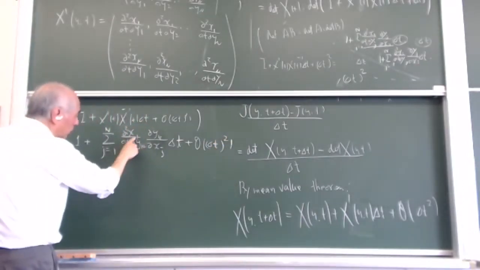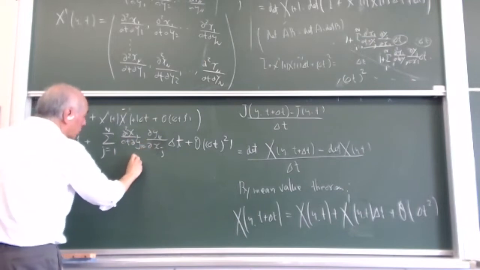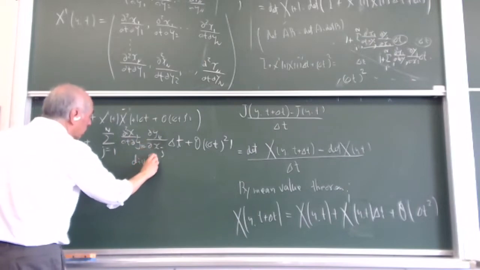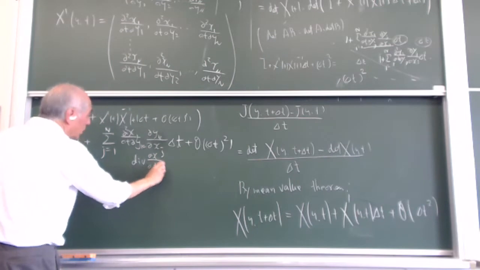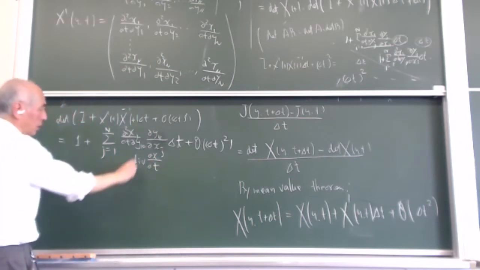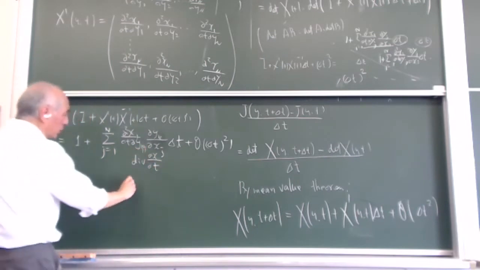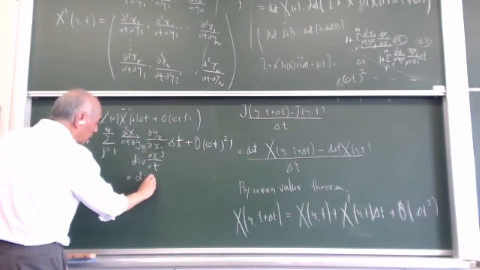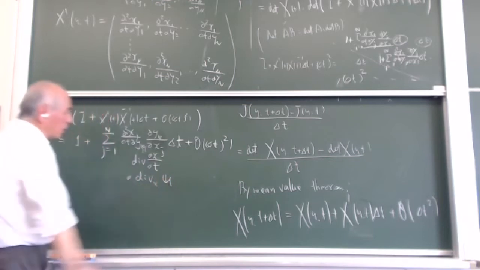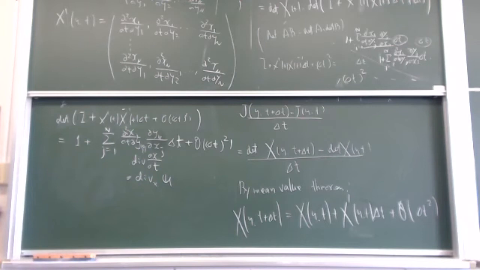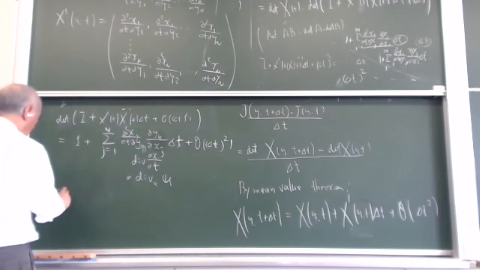And then, by chain rule, this is divergence of x_t. So it is equal to divergence u.